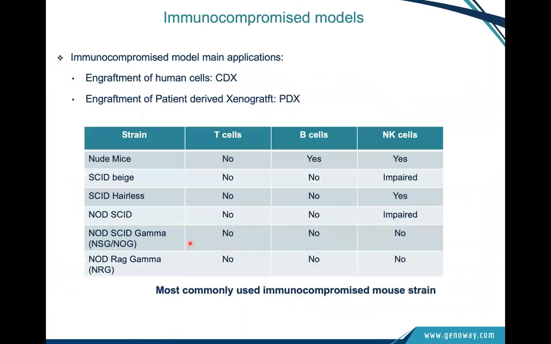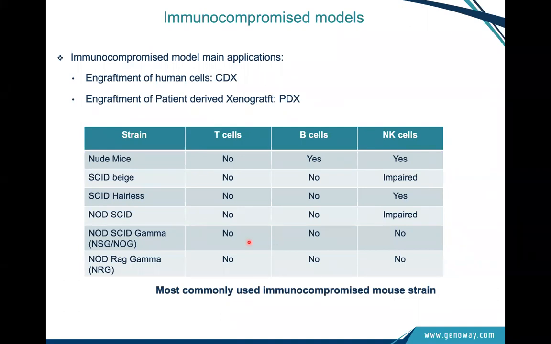The use of immunocompromised models for engraftment of human tumor cells has been reported for now several decades, and there have been several types of models used in this field. To make a long story short, I'm not going to go through all the models. There are some models which display no T cell, no B cell, but they still have some NK cells, and as such, those models have a very poor permissivity to engraftment with human tissues.